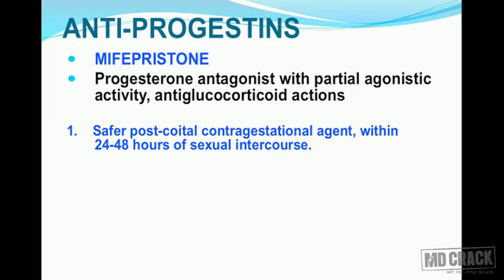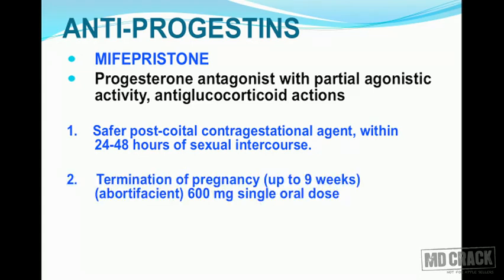What's the importance of mifepristone? It is a safe post-coital contragestational agent, and it is to be used within 24 to 48 hours of sexual intercourse. This is supposed to be the best management within 24 to 48 hours of sexual intercourse, if you want a contragestational effect. The next use is termination of pregnancy up to 9 weeks of pregnancy.